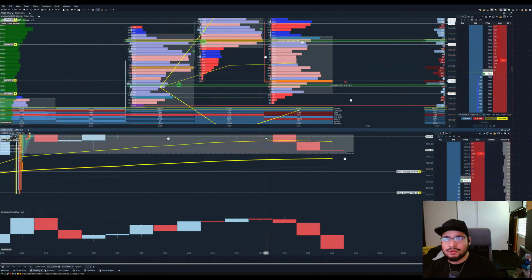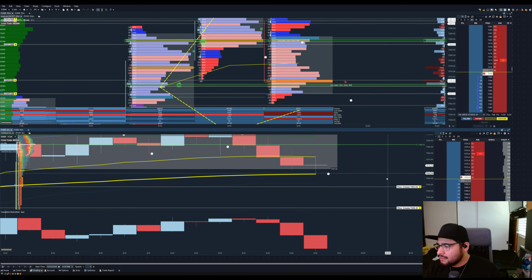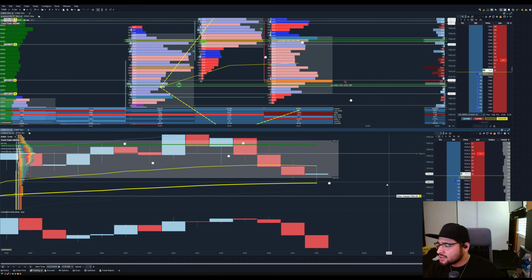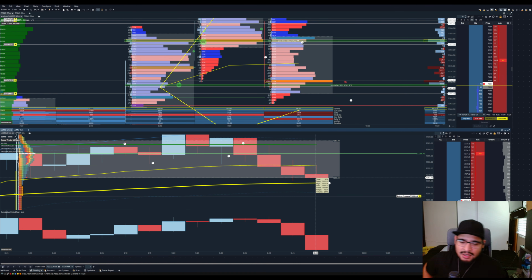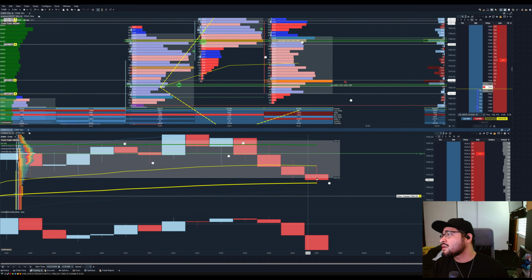Okay, so on the market profile, we're still in between these two VWAPs. We got a decent amount of negative delta here. This doesn't look like a horrible spot to enter, but I got some profit on my PA. Oh, I might enter with my other eval.